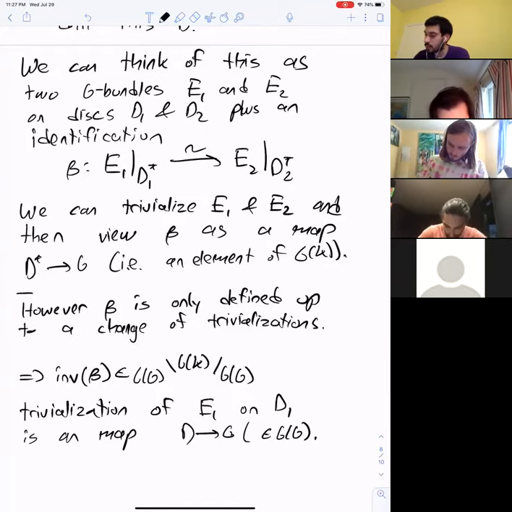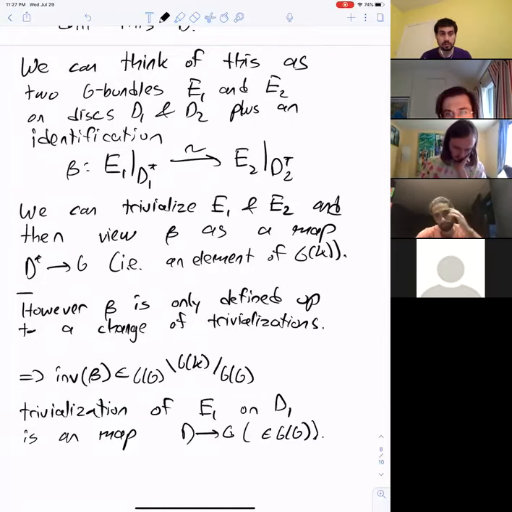This can be a bit confusing, but essentially we have this G bundle in terms of two G bundles on a disk and an identification. To get it more concretely, we pick trivializations of the two G bundles on the disks. Then we can think of this identification as an element of GK, but then we have to mod out by choosing different trivializations, because we needed a trivialization to get an element of GK, but beta does not depend on the trivialization.